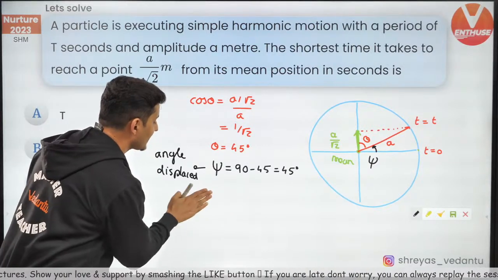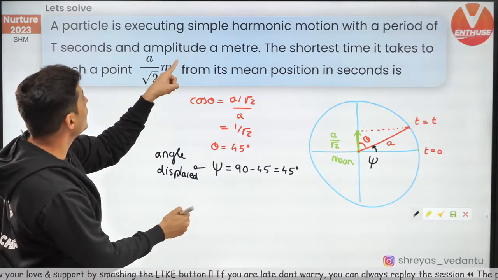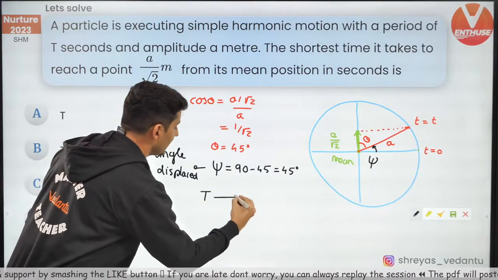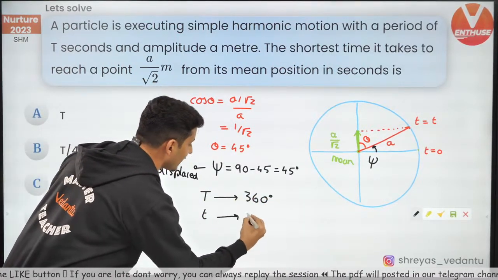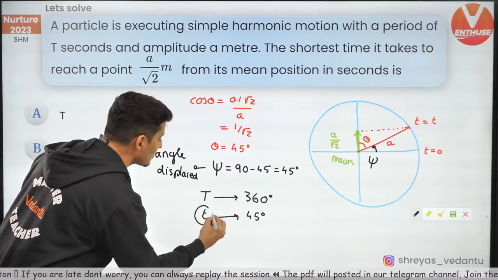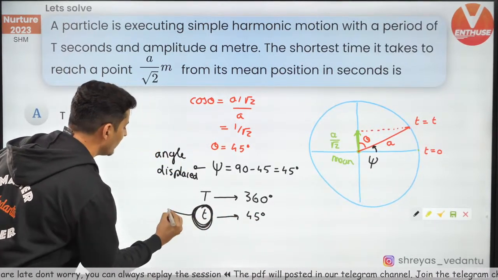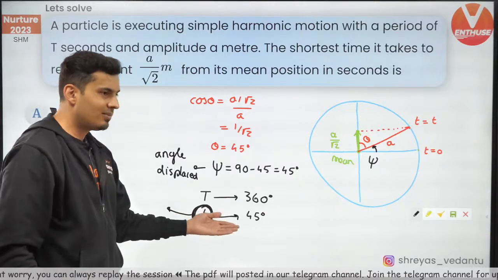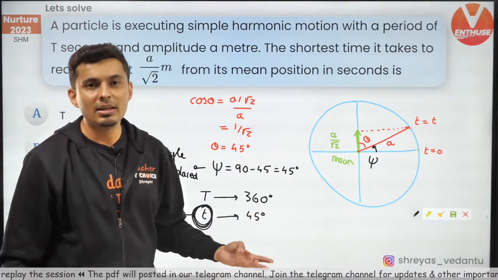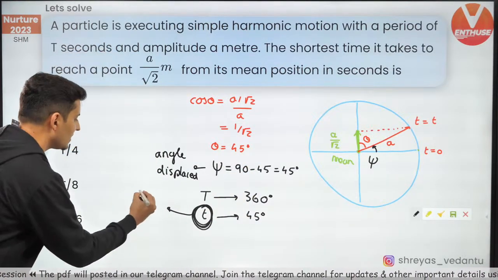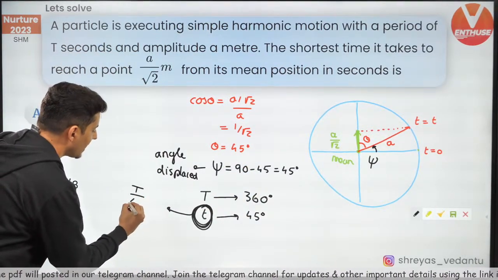It takes T seconds to cover 360 degrees. So it takes small t seconds to cover 45 degrees. So how much is this t? Obviously, this t will be 45 into T by 360. 360 divided by 45 is 8 times. So this is obviously T by 8.